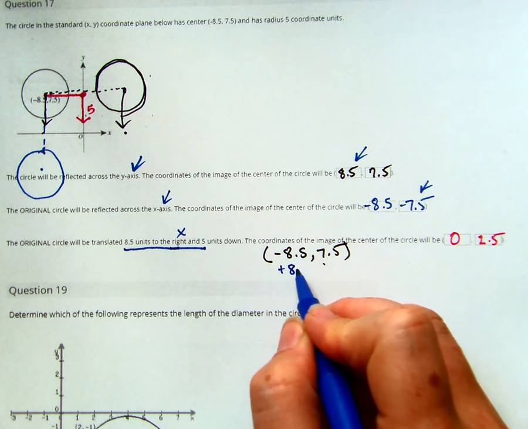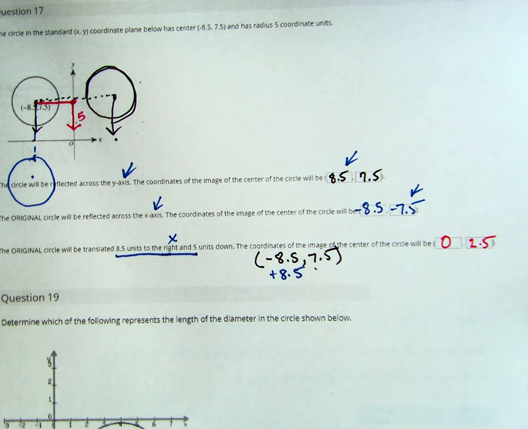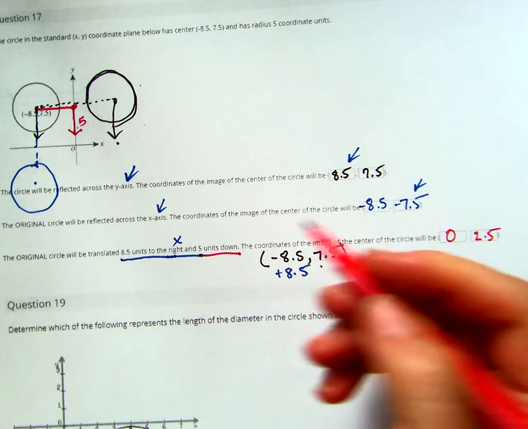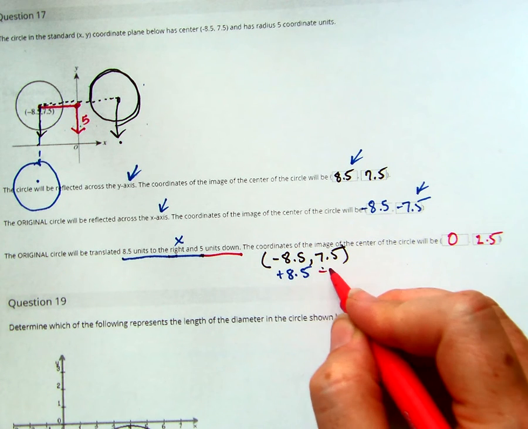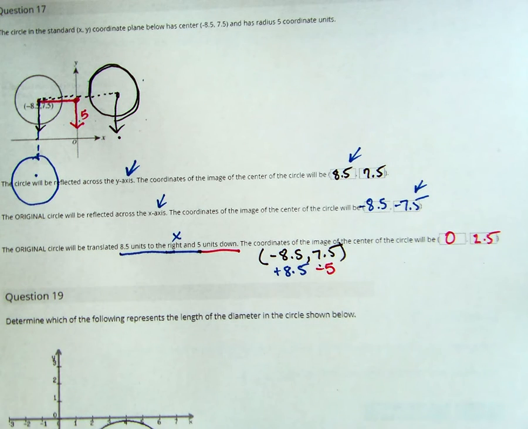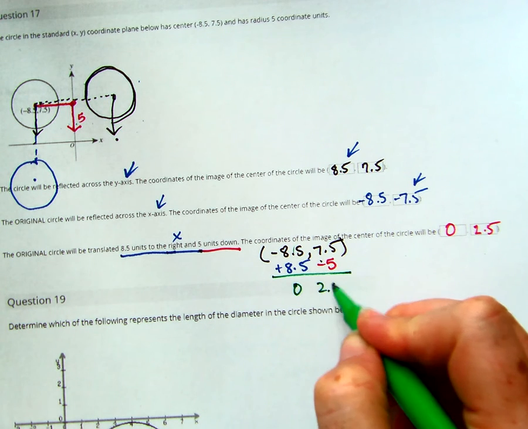So I'm going to add 8.5 because I'm going right. But then I'm going to go 5 units down, and that would be on the y-axis, and I would be decreasing. So I'd actually subtract 5 from this one. And if I just apply that, this becomes 0, and this becomes 2.5.